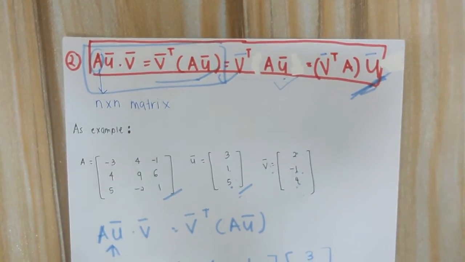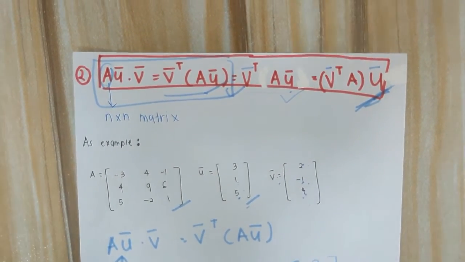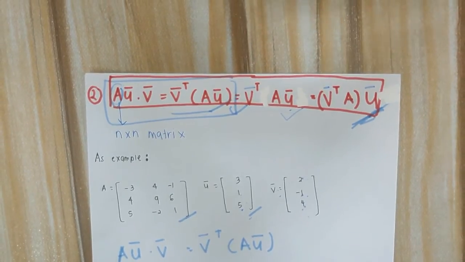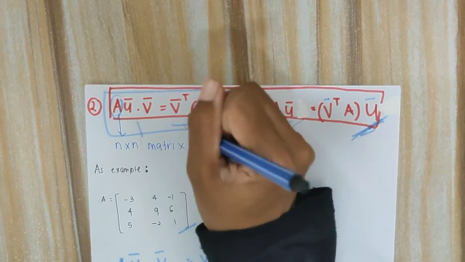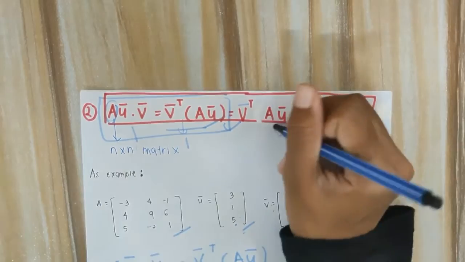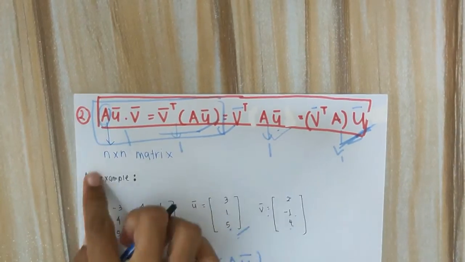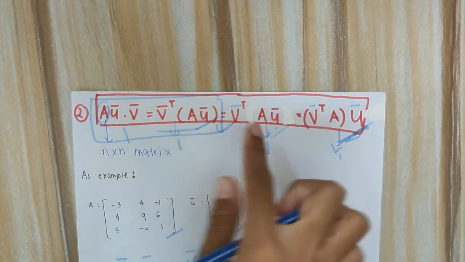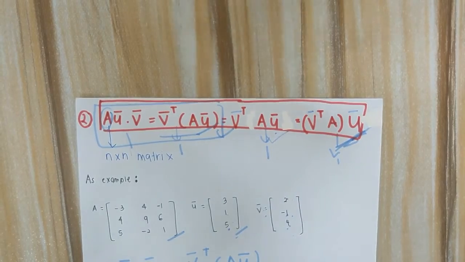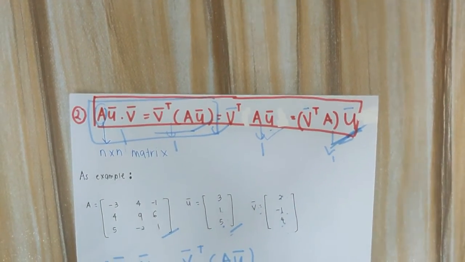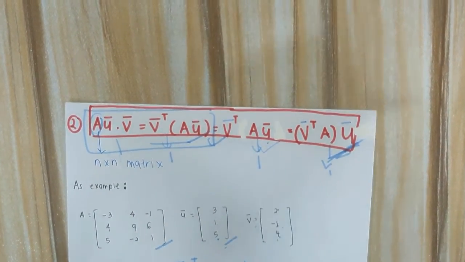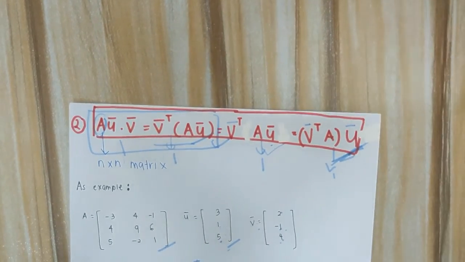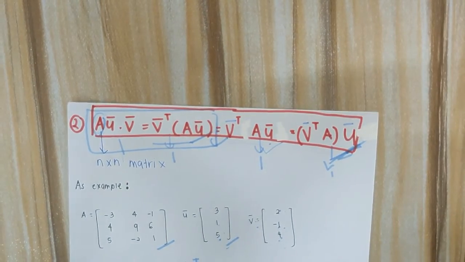From the example that I have done, the answer for this is 1, and this also 1, and this also 1, and this is also 1. So we can conclude that all of the formulas turn out to be the same answer. So we can choose what formula we want to use based on the situation and question.